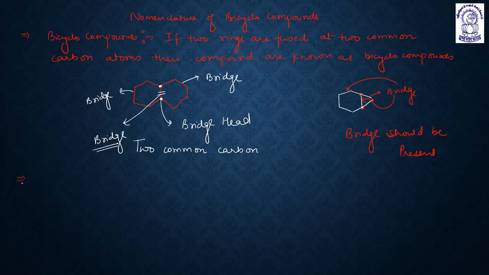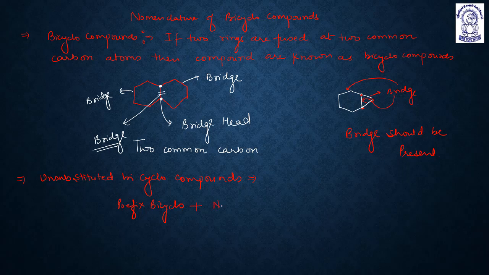So first we will take unsubstituted bicyclic compounds, then substituted bicyclic compounds, and we will learn how these compounds are named. The prefix is always bicyclo.